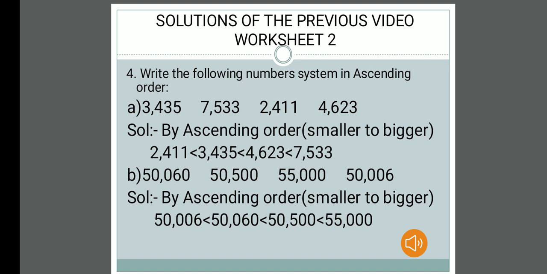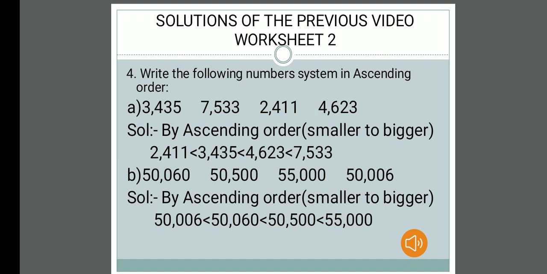First comes 2,411, the smallest, then 3,435, then 4,623, then last comes the biggest number, 7,533. Now here I have taken the less than symbol so that it will be easily identified that you are arranging from smaller to bigger. When I compare 2,411 and 3,435, 2,000 is less than 3,435.